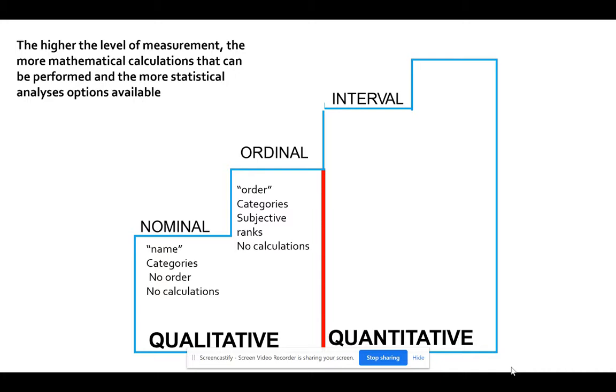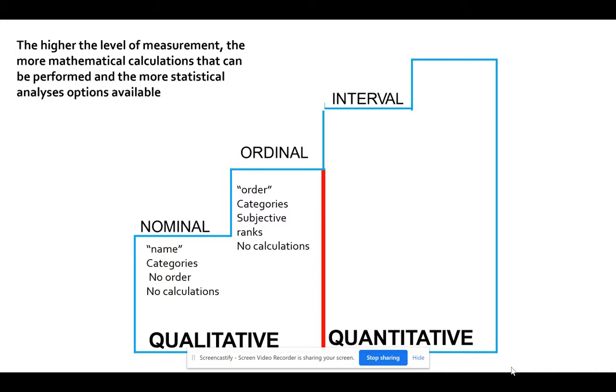With ordinal, you still have qualitative data, so it's words or phrases, but now you have subjective ranks, meaning it's open to the interpretation of the researcher or of the individual. Ordinal might be things like letter grades.